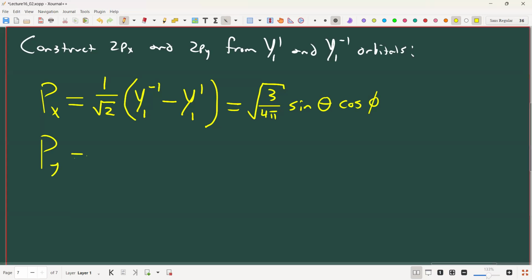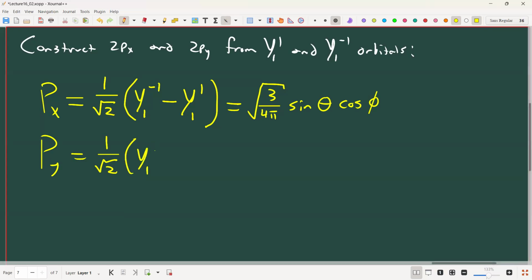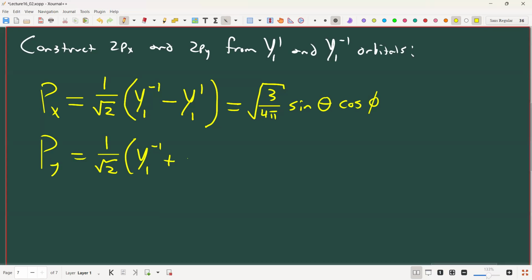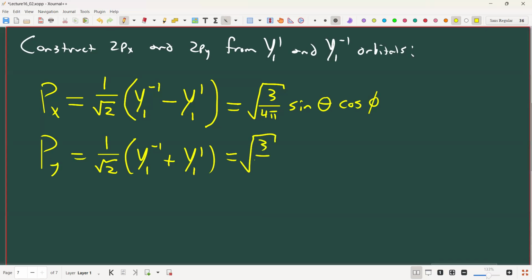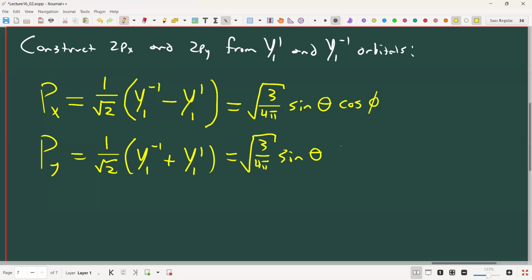And the py orbital is 1 over the square root of 2, Y1 minus 1 plus Y11, which is the square root of 3 over 4 pi sine theta sine phi. All right, let's plot these now.